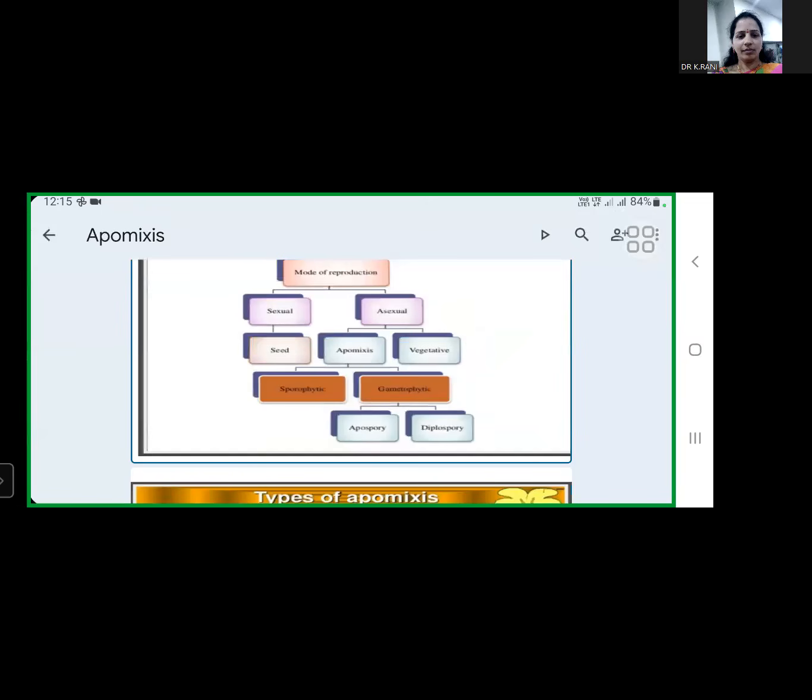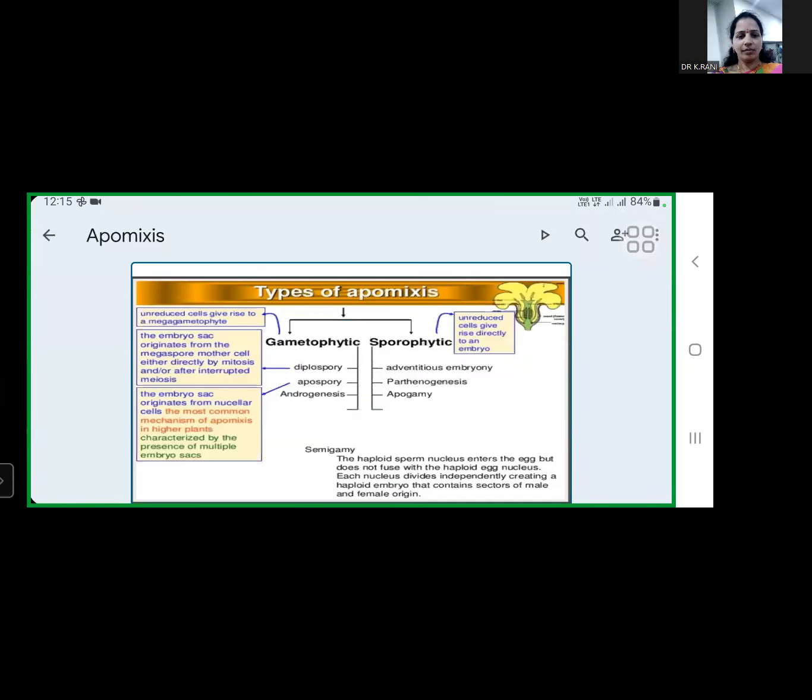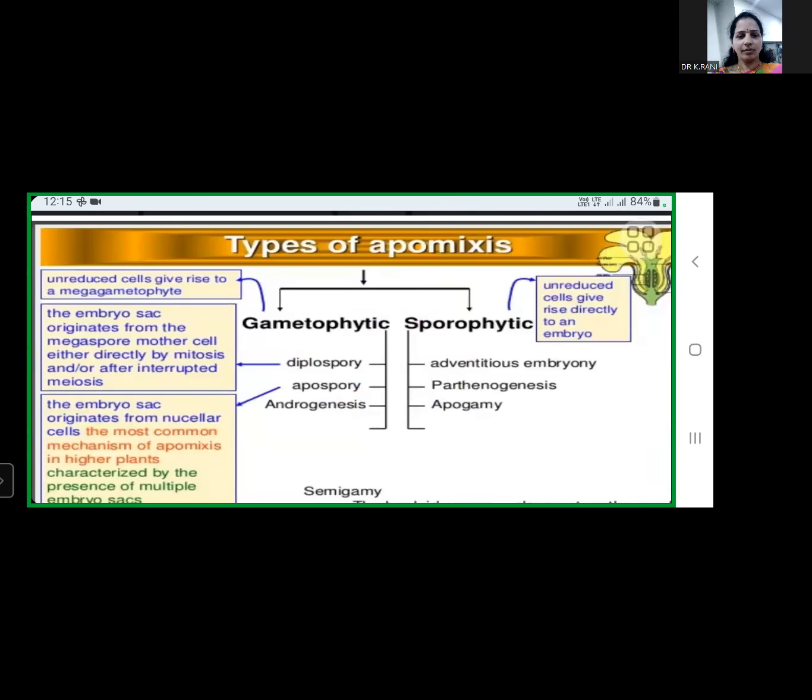These are the types of apomixis: gametophytic apomixis and sporophytic apomixis. In gametophytic, diplospory and apospory occur. In sporophytic, adventitious embryony, parthenogenesis and apogamy occur, with slight differences.